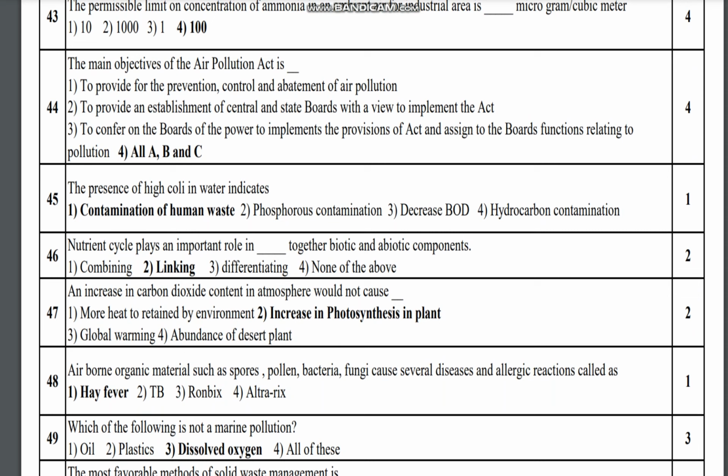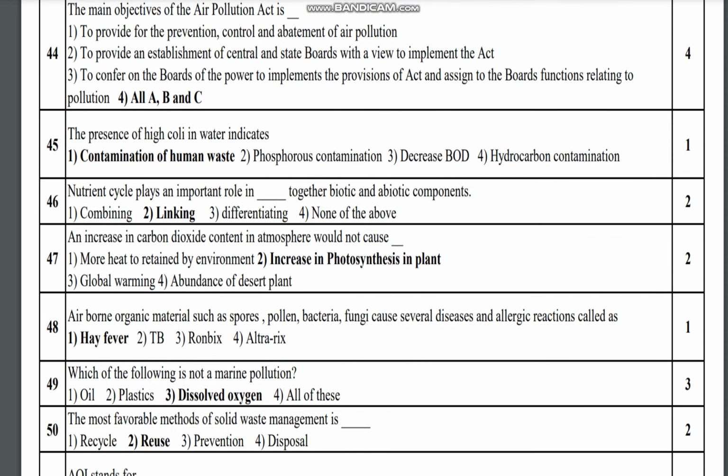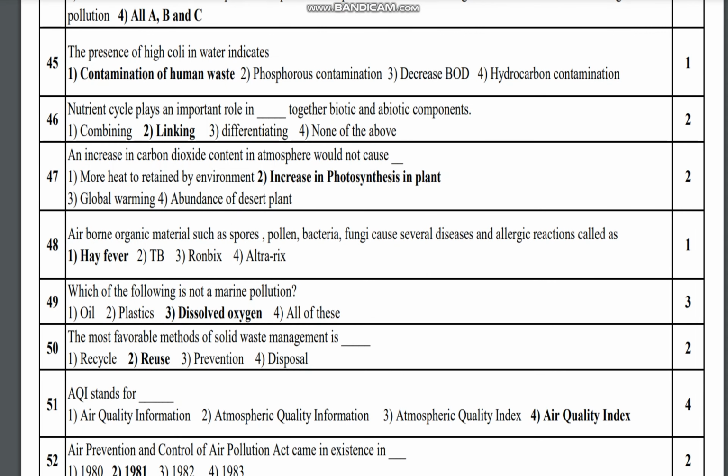Then next, the main objective of the Air Pollution Act is all three: to provide for the prevention, control and abatement of air pollution, to provide for the establishment of central and state boards with a view to implement the act, then to confer on the board the power to implement the provisions of the act and assign the board's functions relating to pollution. Question number 45: the presence of high coliform in water indicates contamination by human waste.